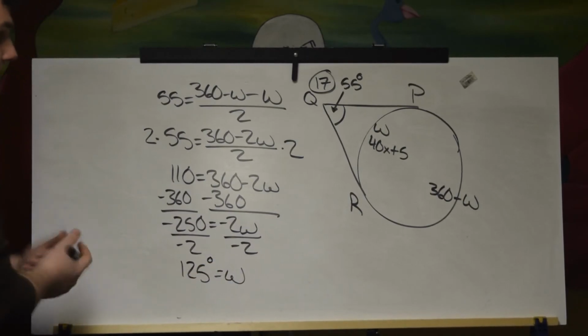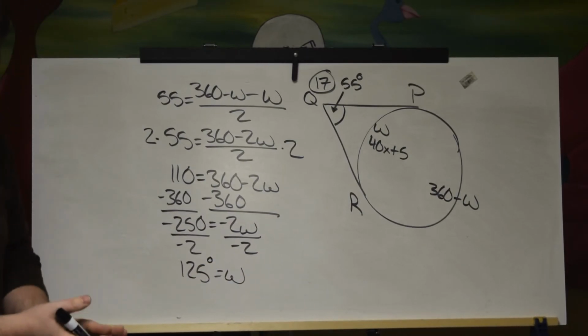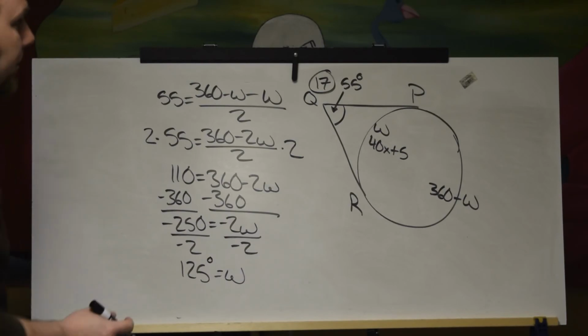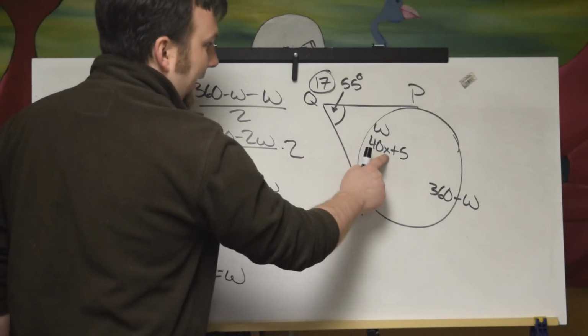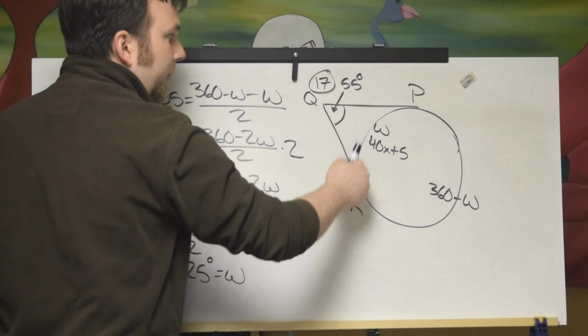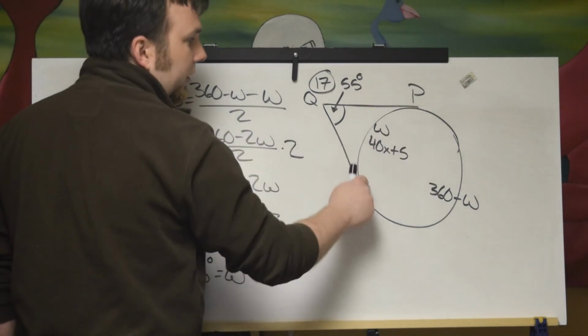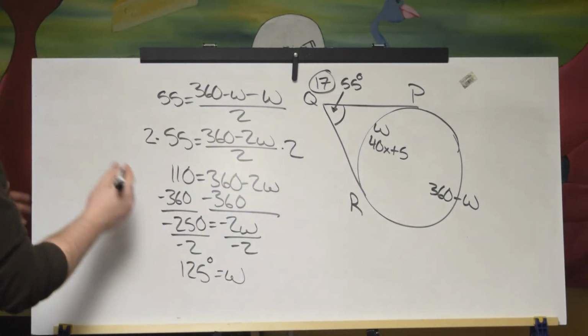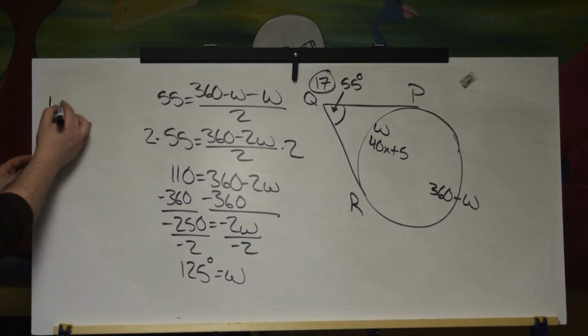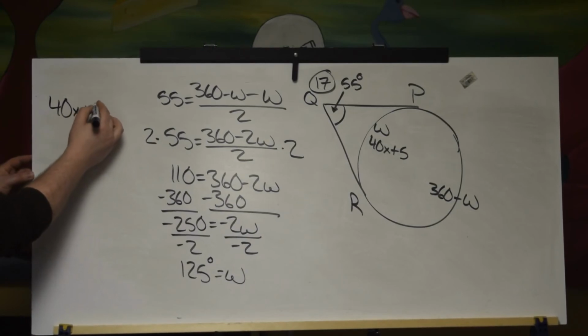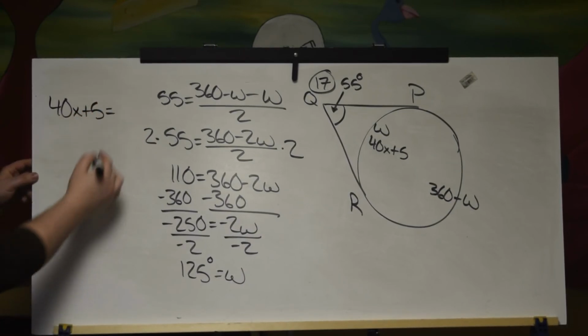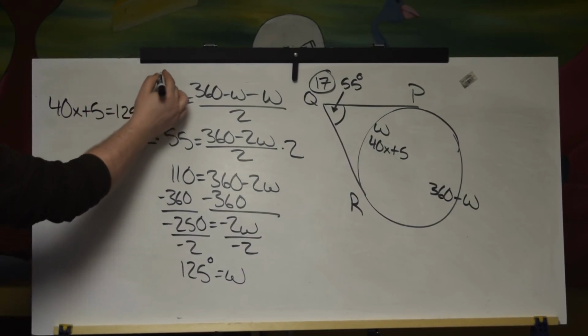Now we're not done. That may be the measure of the arc, that is the small arc, but they want us to solve for x. Okay? So this small arc is 125, and they're saying this small arc is 40x plus 5. So we'll just set 40x plus 5 equal to 125.